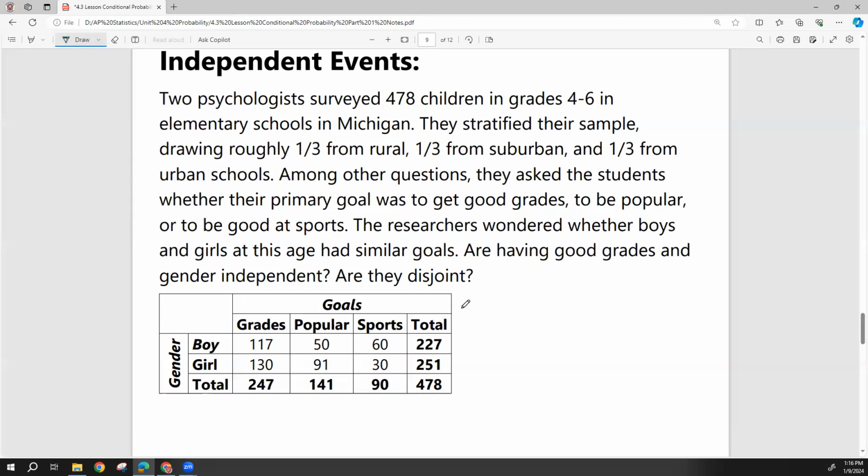We want to know, are these disjoint, having good grades and gender? Well, there's some overlap between having good grades and being a boy, having good grades and being a girl. There's overlap there, so they are not disjoint.